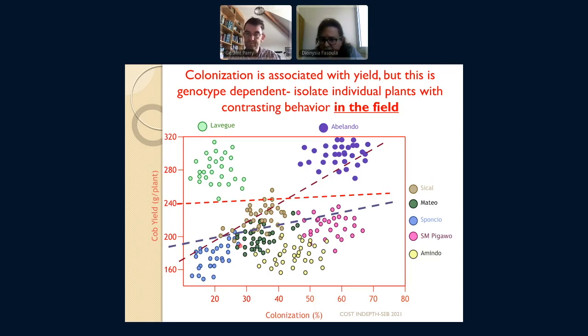So in this one, it seems there is a kind of correlation between increased diversity and increased yields. But this is not always the same. So this means that it is genetically controlled somehow. But in order to decipher this, we need to continue with precise experiments.